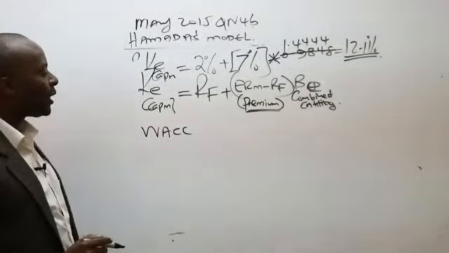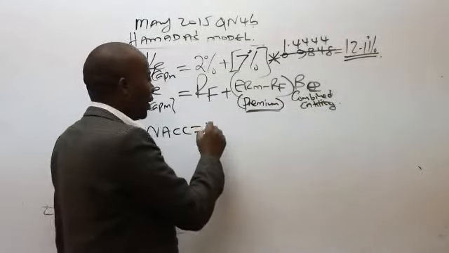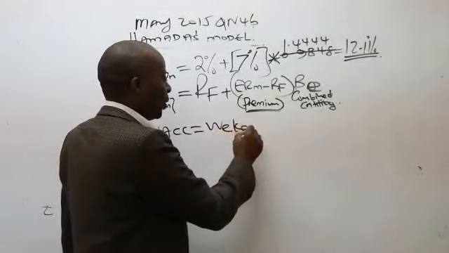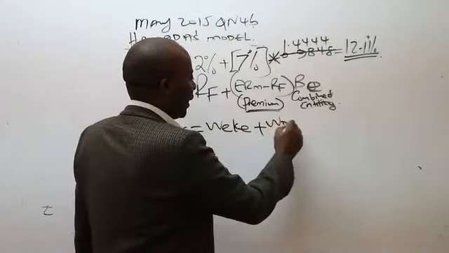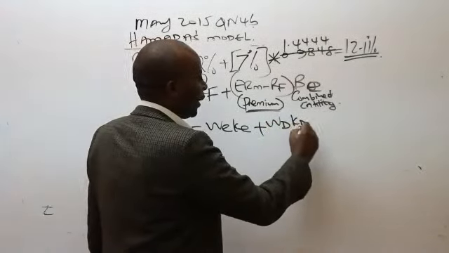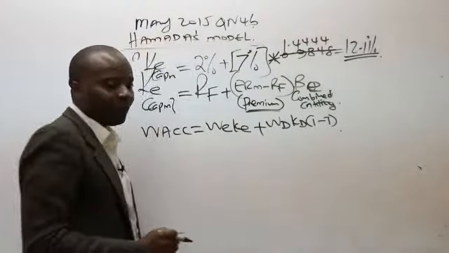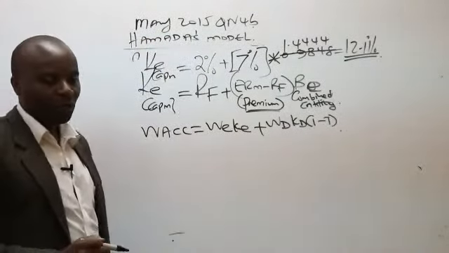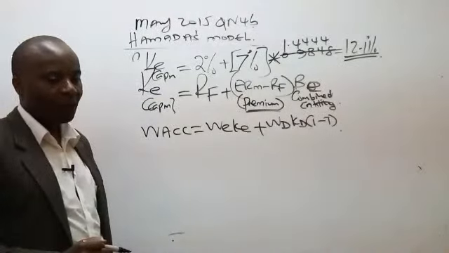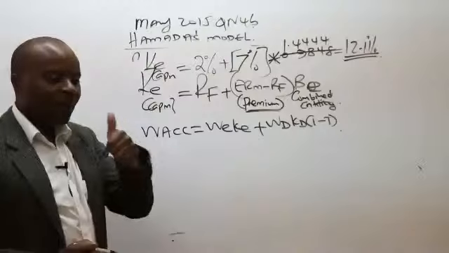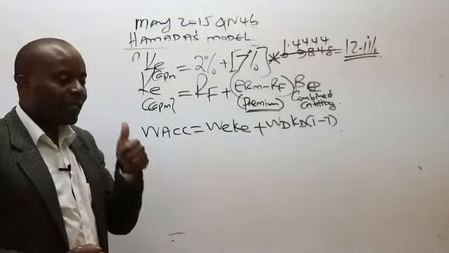So how do we get WACC? It is weight of equity times cost of equity, plus weight of debt times cost of debt, and this cost of debt has got to be after taxation. So Bernard tells me to calculate the weights of debt and equity.